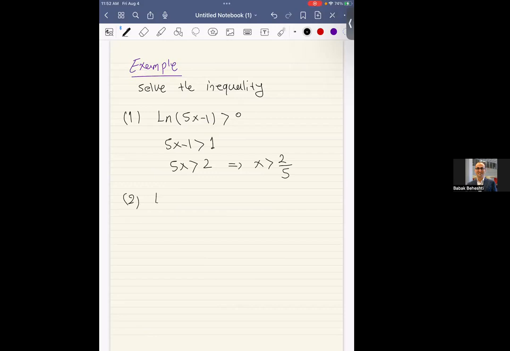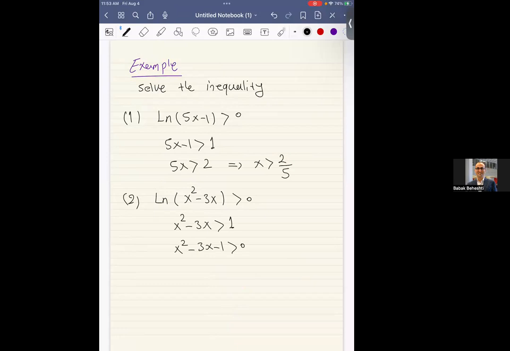Now, what if I say ln of x squared minus 3x is positive? So that means x squared minus 3x must be greater than 1. So x squared minus 3x minus 1 must be positive.